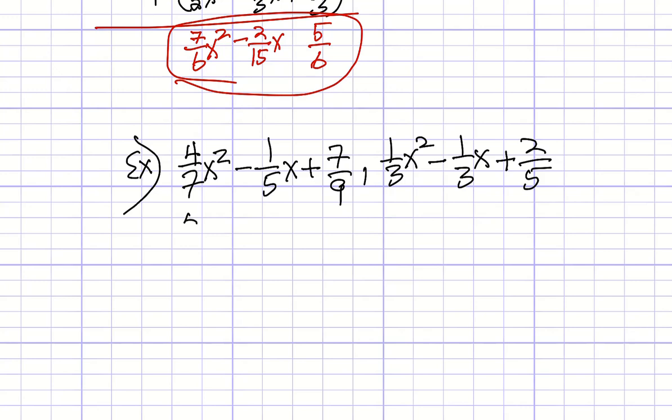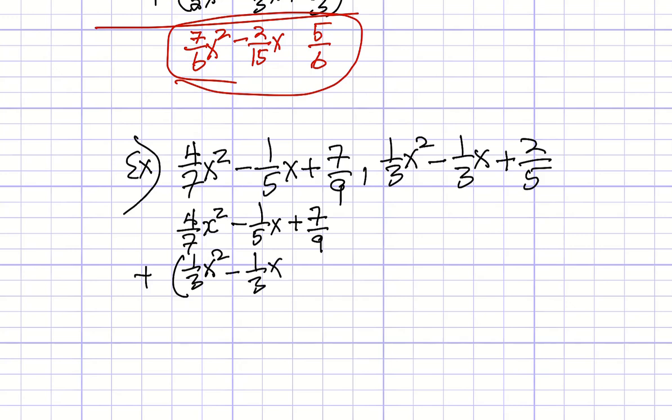We have 4 over 7x minus 1 over 5x plus 7 over 9, this is the constant term. You add this one here, 1 over 3x squared minus 1 over 3x plus 2 over 5. Okay, you see it, right?